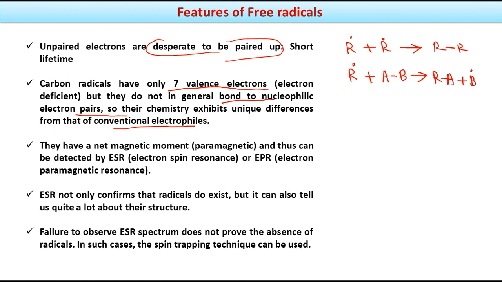And another point is if it is having low concentration. In those cases it may fail to give a positive result, and in such cases we can use some spin trapping technique. In the spin trapping technique, it is treated with some other molecule so that some stable free radicals can be generated, and then we can apply ESR or EPR. So these are some of the basic features of free radicals.